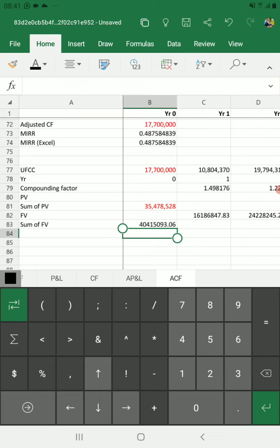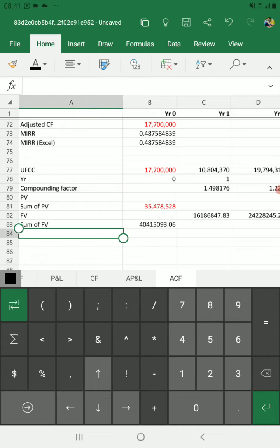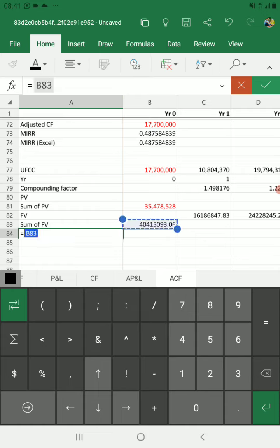So our modified rate of return, computed manually, is going to be, start with equal sign, open the bracket, take the sum of future values, divide by the initial sum of PV. Because it's negative, we start with a negative number and then pick this figure to turn it positive, close the bracket, and then take the root.